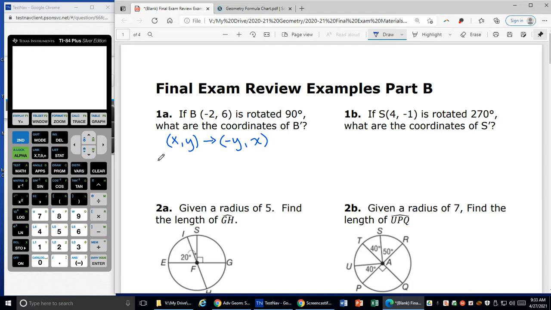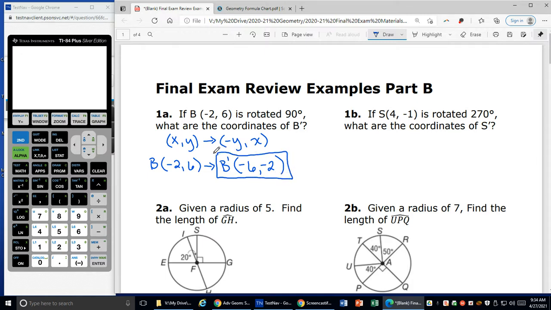Okay, so B is the point negative 2, 6, which means B prime is going to be the opposite of y. Right now, y is 6. The opposite of 6 is negative 6. And then x is negative 2, so it stays exactly as it is, negative 2. So B prime is going to be at negative 6, negative 2.